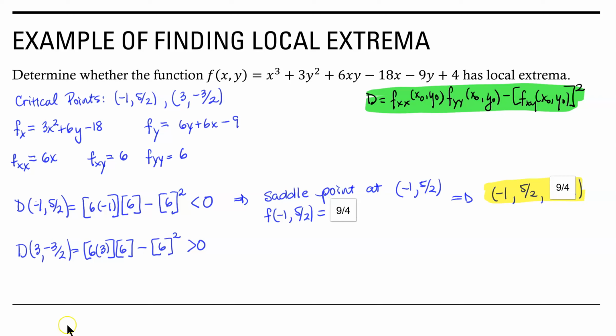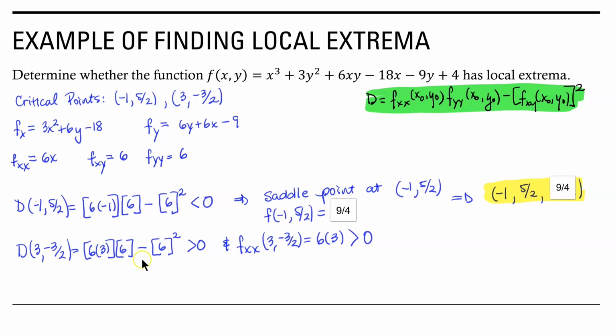Now recall that when D is positive, then we also need to know the value of f sub xx. So let's go ahead and find out what f sub xx is at (3, -3/2). And we already really have that here in this first set of brackets. That's 6 times 3, which is a positive value as well.